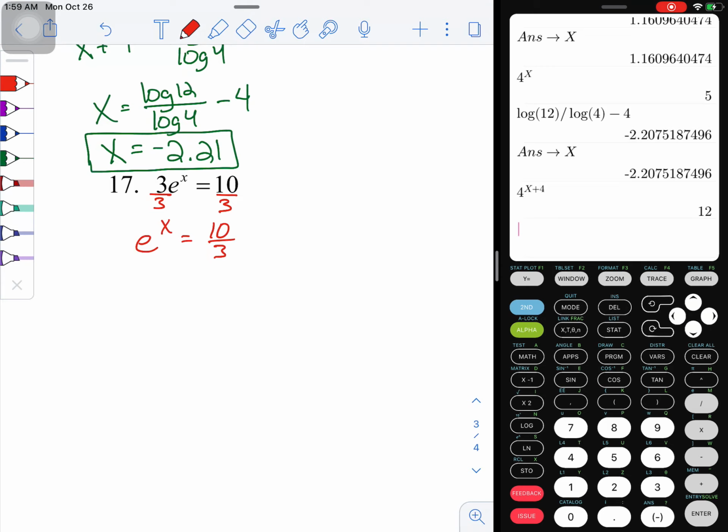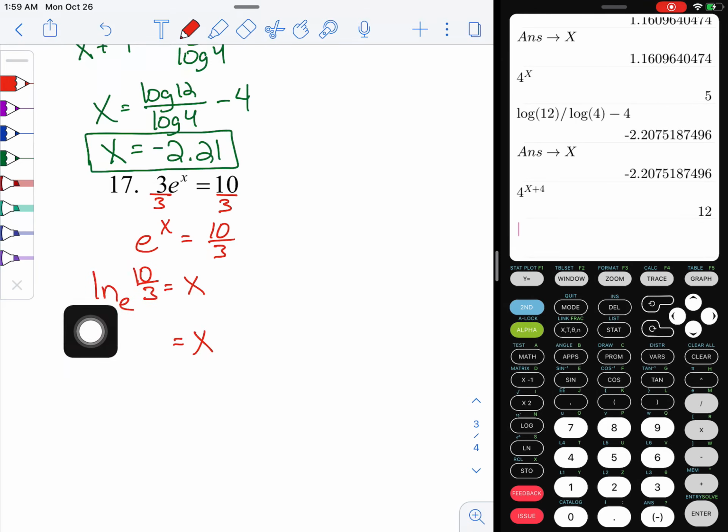Now, this is actually something that I can translate into a log equation. Because it's e, I can use the natural log. So this would be the natural log of base e of 10 over 3 is equal to x.